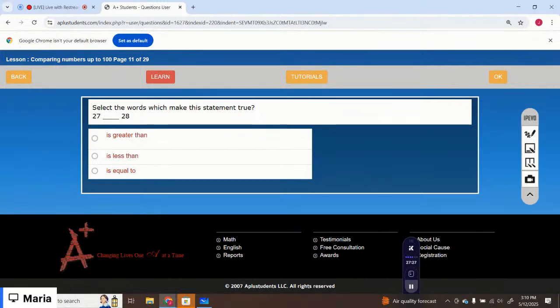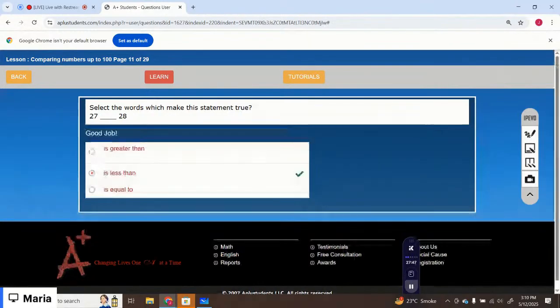Select the words which make the statement true: 27 and 28. So which is the correct option? 27 is less than 28. Option number 3 is the correct option.